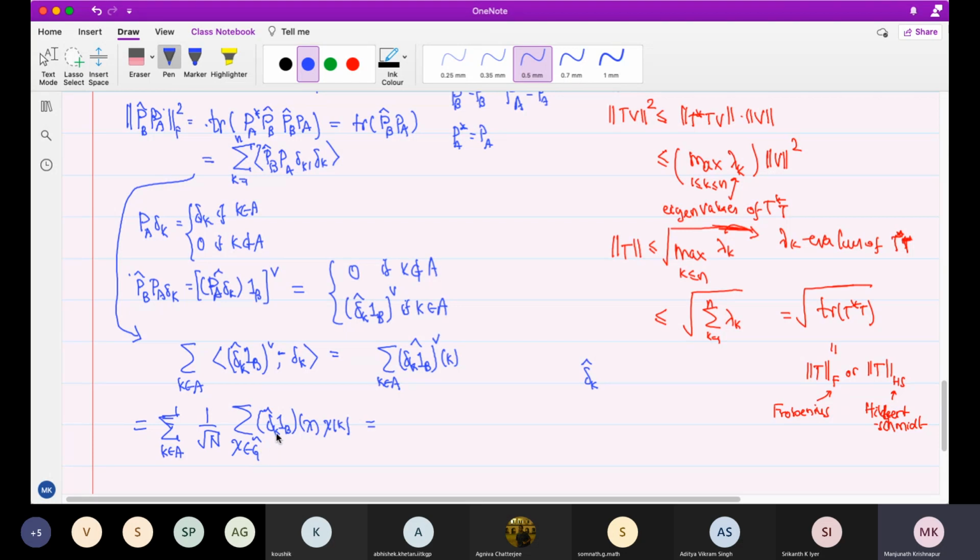So what is that? Delta K hat indicator B of chi, and what is that quantity actually?